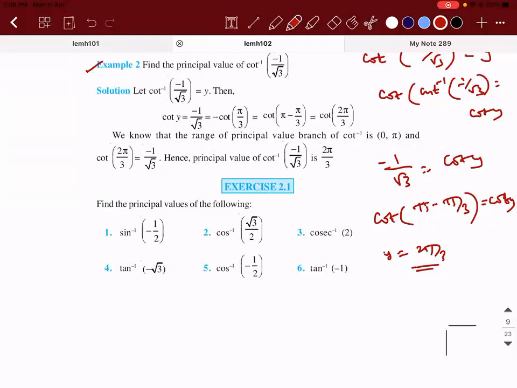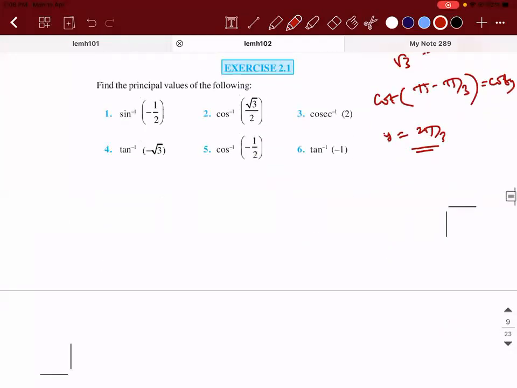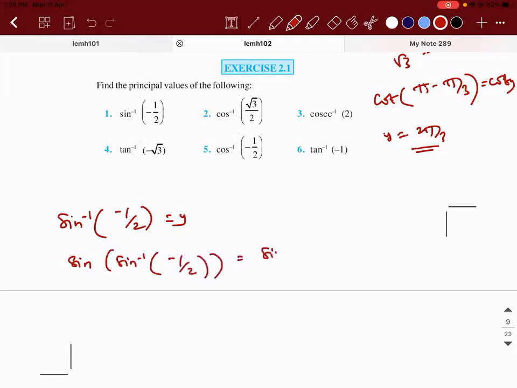So how to solve that? I'll show you the steps. Sine inverse of -half is equal to y. What should I take on both the sides? Sine. So -half is equal to sine y.